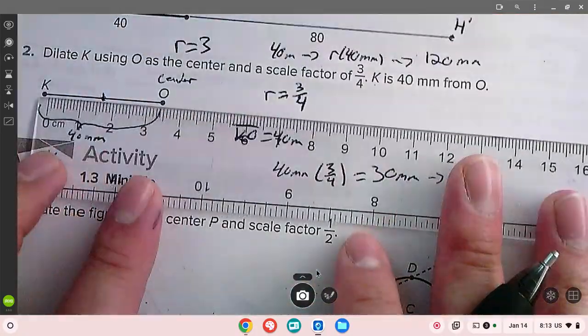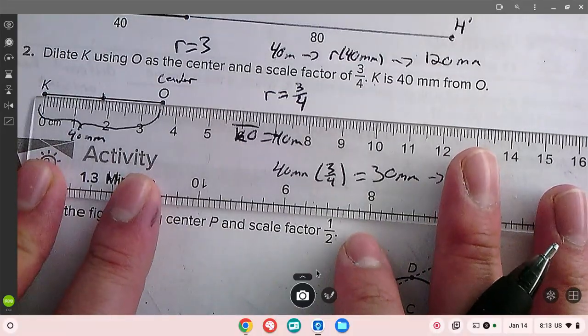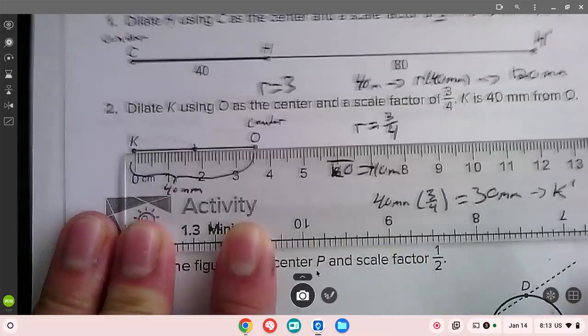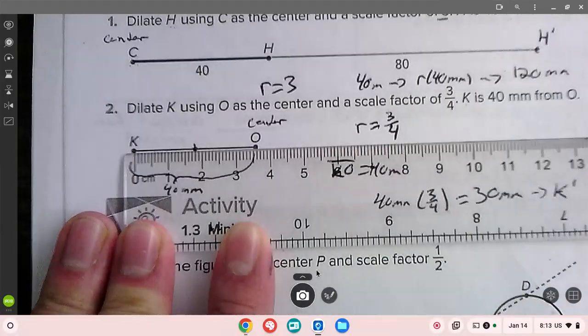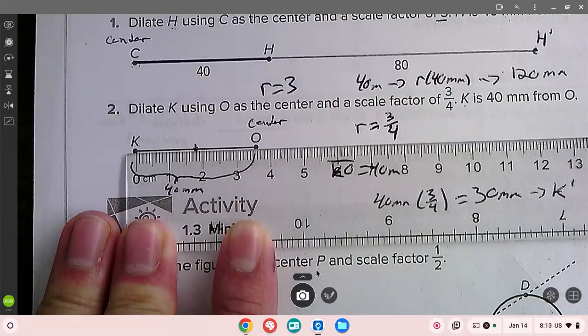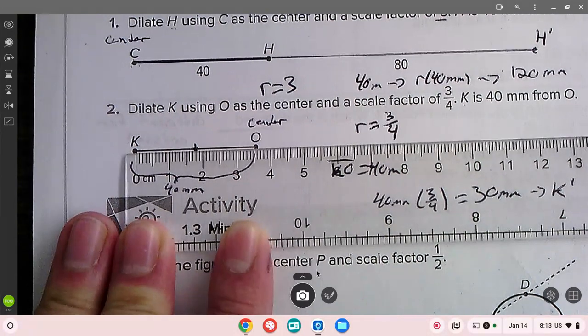Is it the tick mark before the 2? Yes, a little bit before the 2, around here. Okay, half of 1.75 is about 0.8 something.